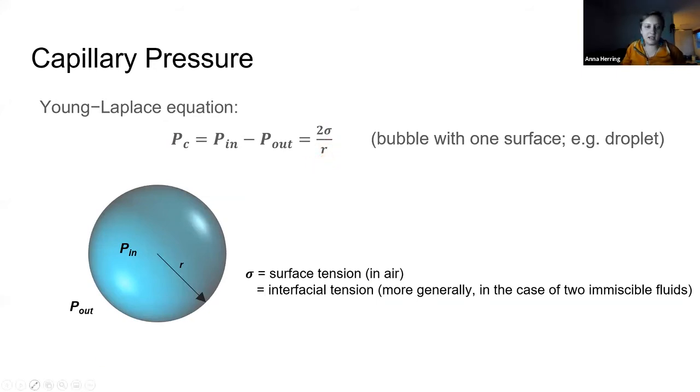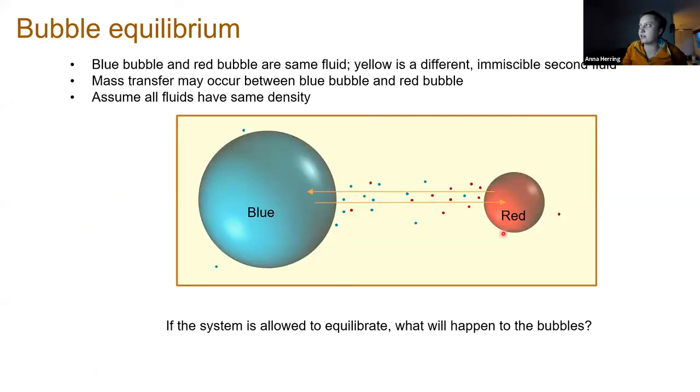So in this scenario, where we have two bubbles of the same fluid but different sizes, the red bubble is at a higher pressure and the blue bubble is at a lower pressure. So what would happen in this case, theoretically, assuming you could set up this experiment, is that the red bubble would diffuse completely into the blue bubble, the red bubble would disappear, and the blue bubble would grow. Almost 30% of people got the correct answer, so that's really good.